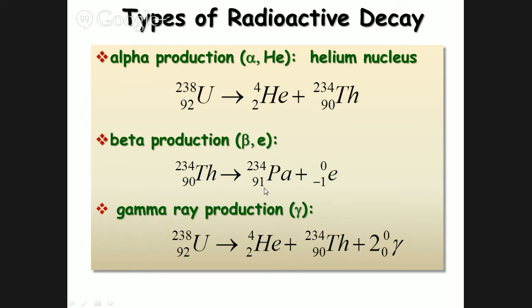Even with the beta production, note that on the bottom, 91 subtract 1 equals 90. Whereas on top, of course, 234 plus 0 equals 234. We will not be doing much balancing when it comes to gamma radiation because with both of them being 0, no charge and no mass, basically just a high energy photon, then there's no point to the balancing. It's not going to change anything.